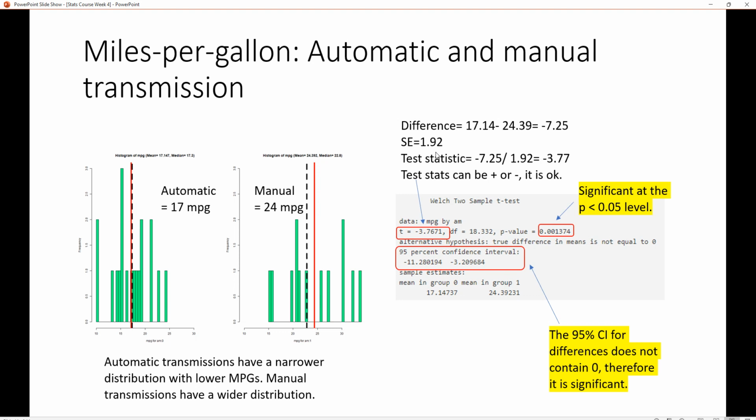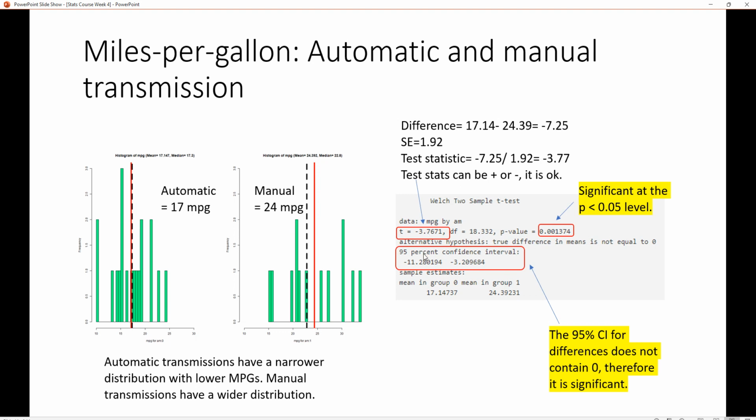So if we were to get two standard errors above and below this group difference of negative 7.25, that's about a value of 4 above and a value of 4 below. So negative 3.25 to maybe negative 11.25. That's just a rough guess.